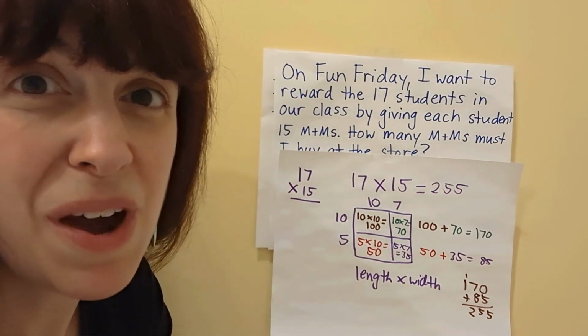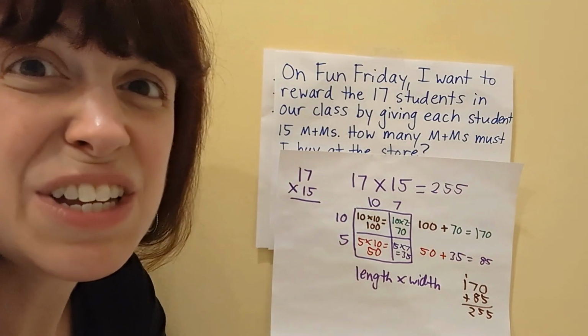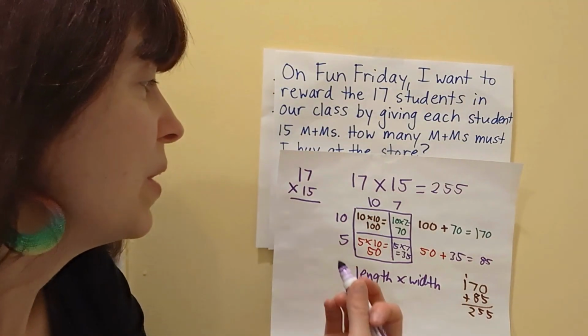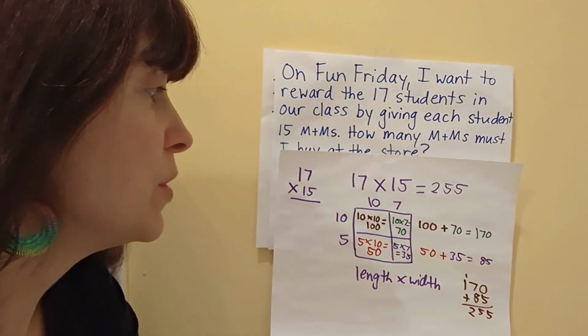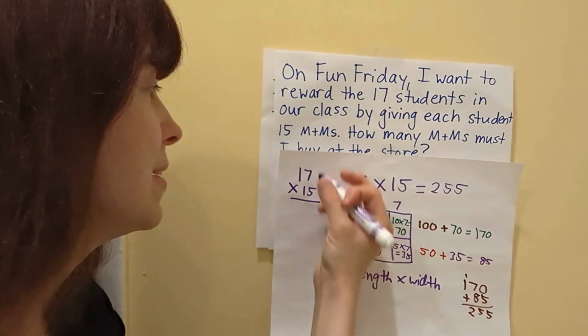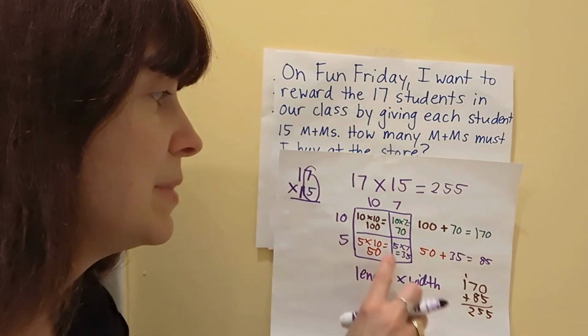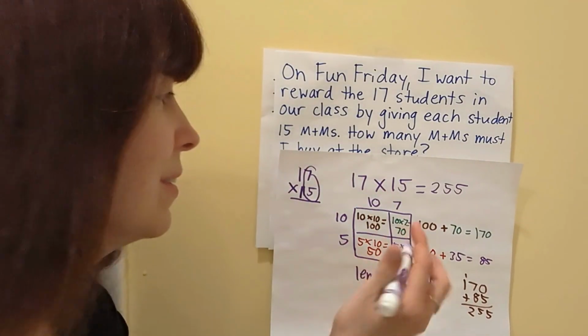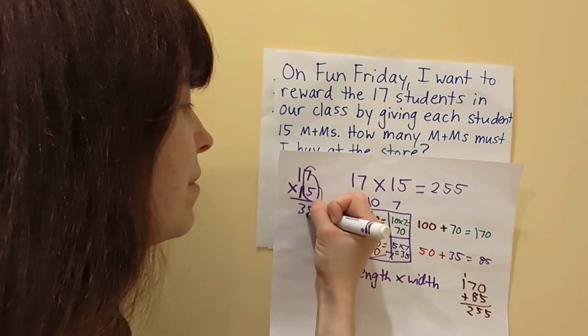Now we know the partial products, we're breaking up our factors into parts. We're going to go according to place value again. So we're going to start by multiplying the numbers in the ones places. 5 times 7. Did we do that before? Yes, 5 times 7 equals 35.